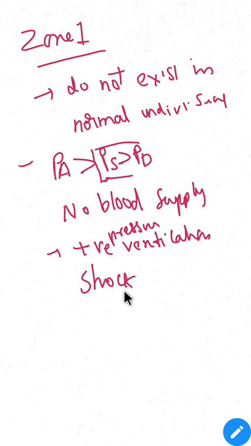Hypotension means there will be a decrease in systolic pressure and sometimes even diastolic pressure. Due to this decrease, alveolar pressure appears to be higher than systolic and diastolic pressure. So obviously circulation cannot reach that site. This is about zone 1.